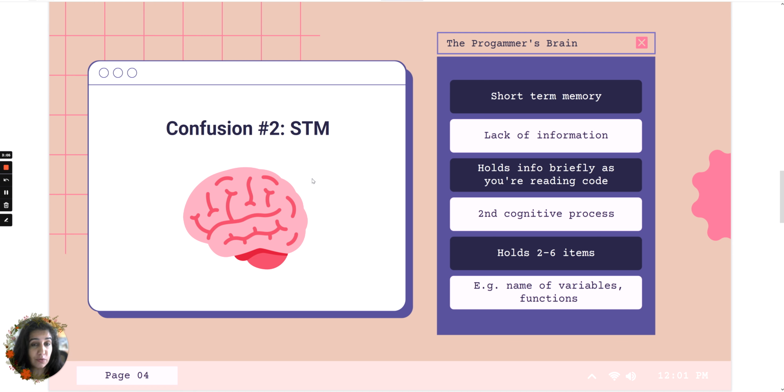These 2 to 6 items could be names of variables. They can even be, oh, don't forget the milk. This is why they say do deep work without any distractions. In your STM, you're holding on to information briefly as it comes into your brain, for example, the names of variables and functions.